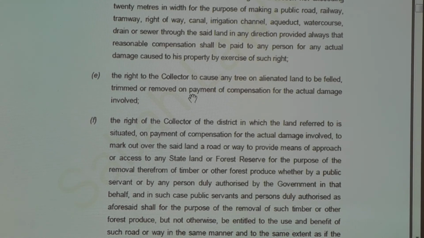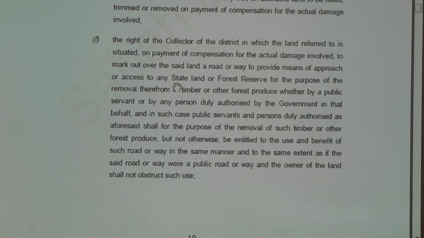So the town board or DBKK or MPK, Tawau Municipal Council can come to your land and cut down any tree which is causing any damage, and you cannot stop them because it is provided for under the law.